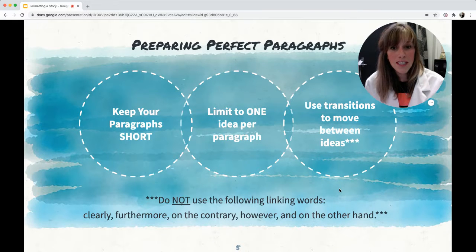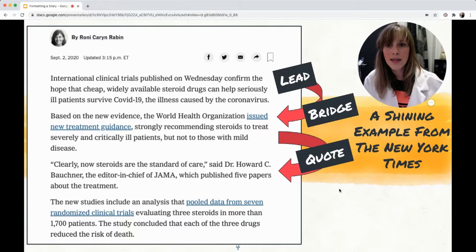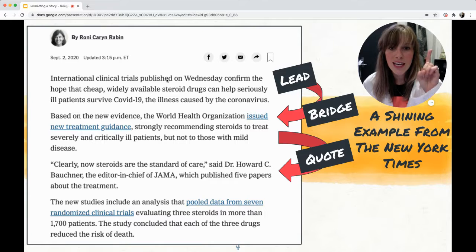Okay, I want to talk about keeping our paragraphs short and limiting to 1 idea per paragraph. Going back, right here when I said 1 idea per paragraph. International trials on Wednesday confirmed the hope that cheap, widely available steroid drugs can help ill patients survive COVID-19. Boom. We learned that steroids can help patients survive COVID. That's the idea. Then we wanted our detail, right?